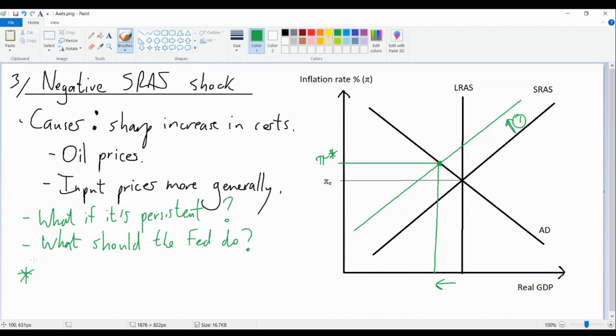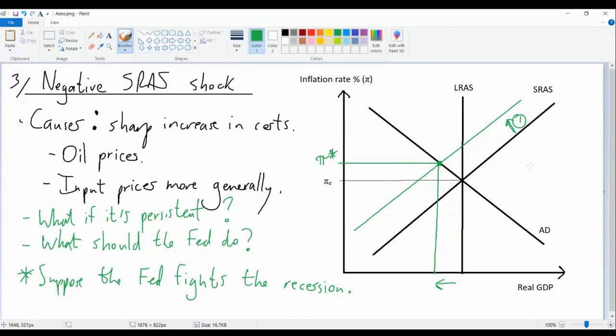So suppose that what the Fed does is focus on this, focus on the fact that there's a recession. So suppose the Fed fights the recession. What should it do?